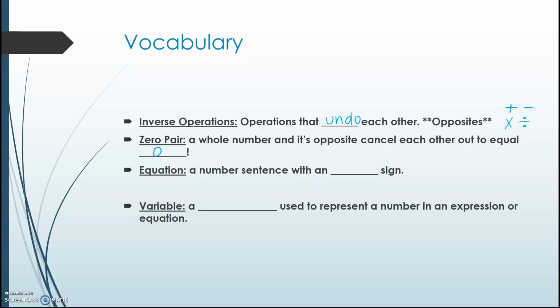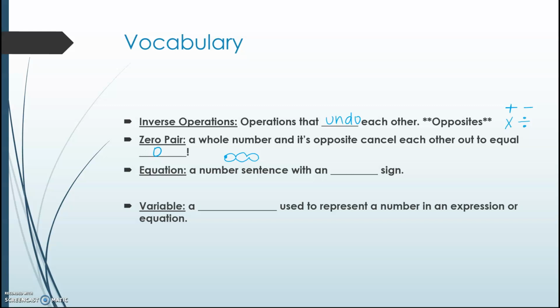So a zero pair is if I walk 3 steps forward and then 3 steps backwards, and back to where I started. So for example, if I'm here and I go forward 1, 2, 3, and then I go back 1, 2, 3, and back to where I started. So it's like I never even moved. That's what a zero pair is.